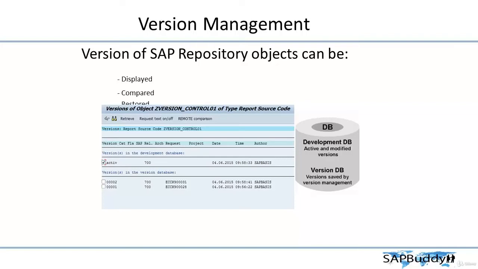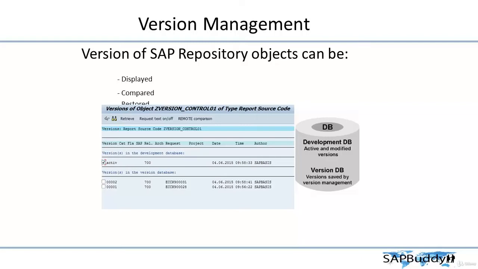Let's say after some time you did some modification, and you realize the changes you did are not relevant or not required, and you want to put back the old version of this program. Then it is quite easy in SAP. You have all the versions saved in SAP, so you can restore these versions.